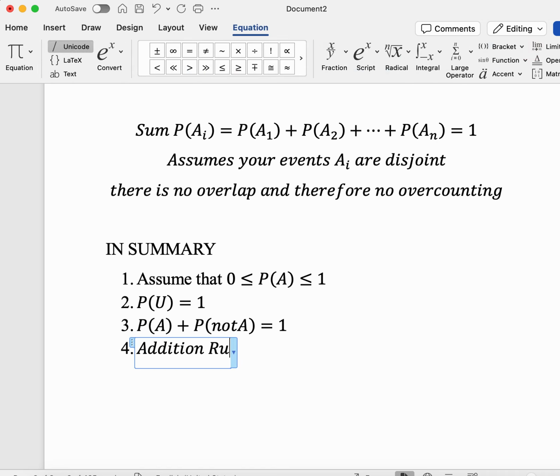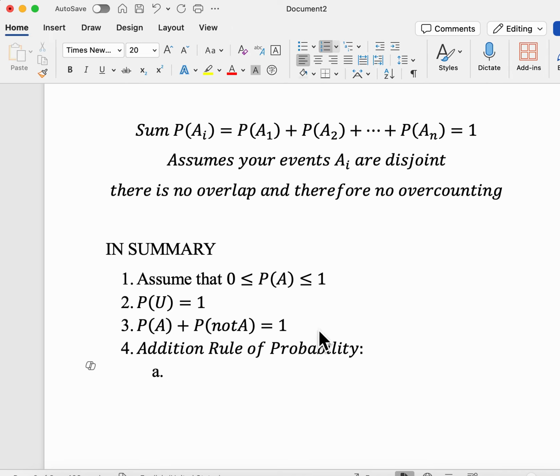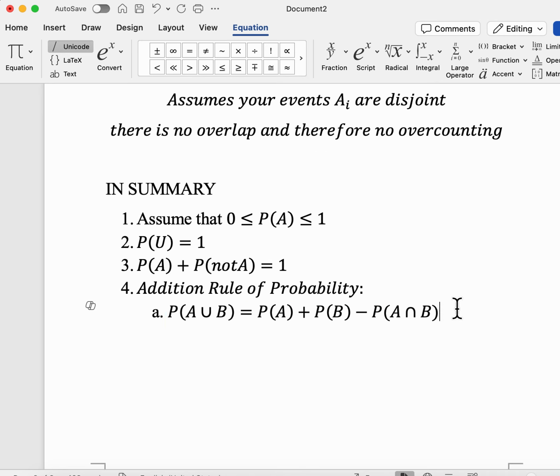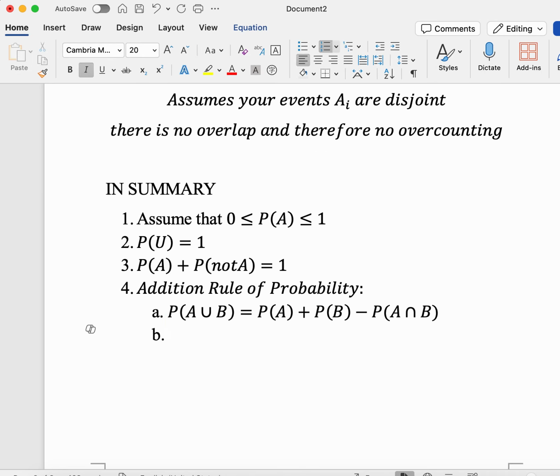The addition rule of probability states that P of A union B equals P of A plus P of B minus P of A intersect B. In the extreme case, yeah, so you have an extreme case.